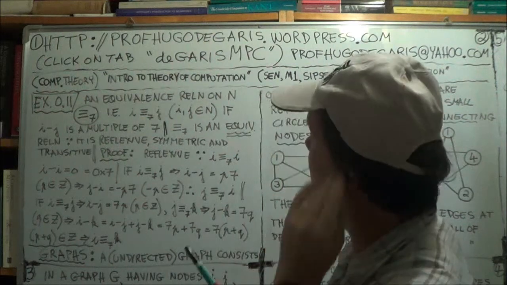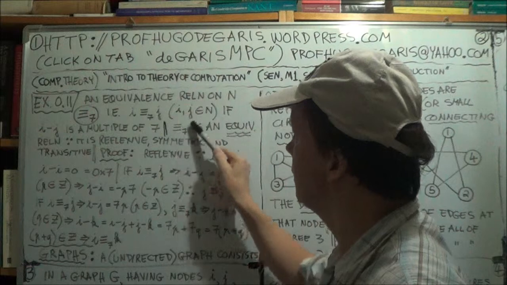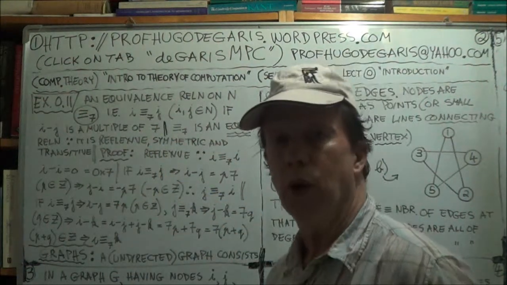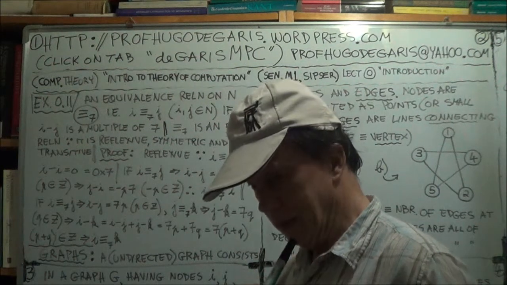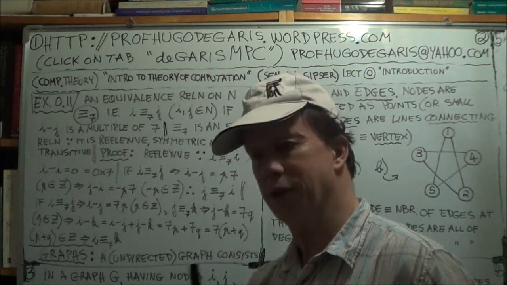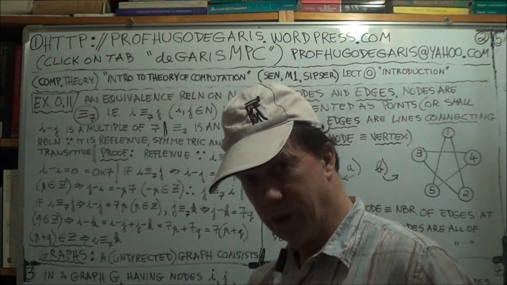Now, why is this relation here? Why is it an equivalence relation? Now, remember from the previous session, an equivalence relation is a special kind of relation that obeys 3 properties.